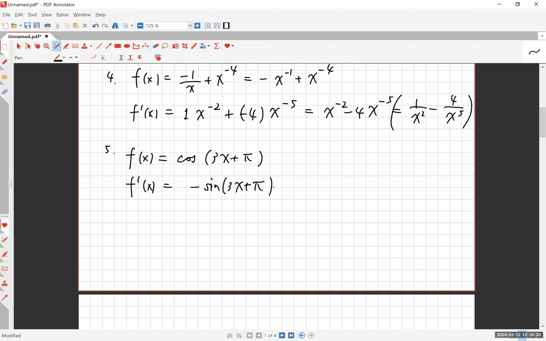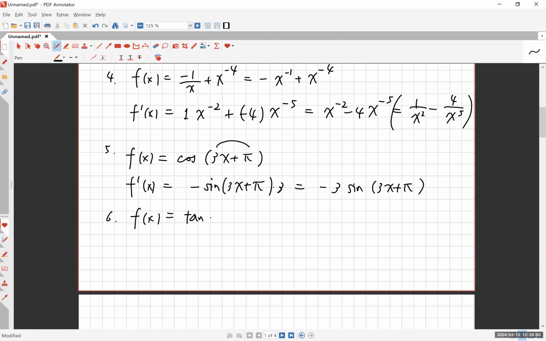Now, the derivative of the inside function is simply just 3, because it's 3x plus a constant, right? So you can rewrite this. Typically, we write the coefficient at the front. So it's -3 times sine of 3x plus pi. No problem, right? You can go through these rather fast, I believe.